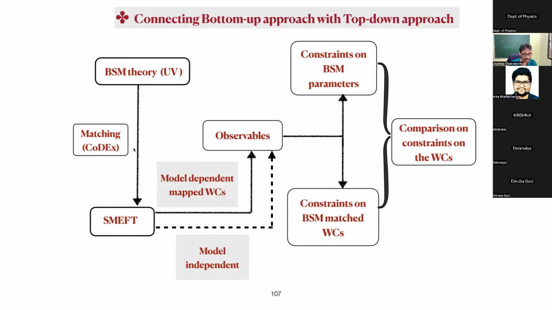So that's why in the top-down approach, it is suggested that if possible, you should not restrict yourself to dimension 6. You may go beyond dimension 6 and include more and more operators so that it can take on board more contributions. You are not losing anything by increasing the number of operators in the top-down approach.